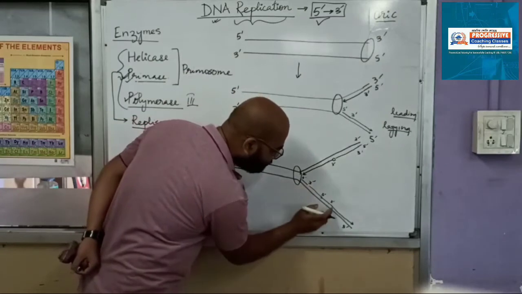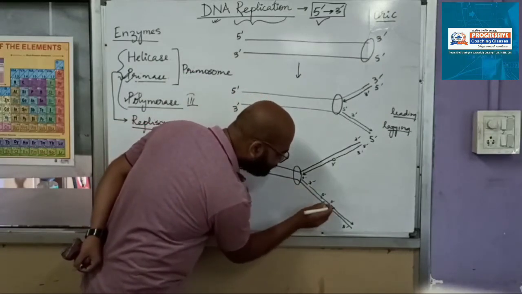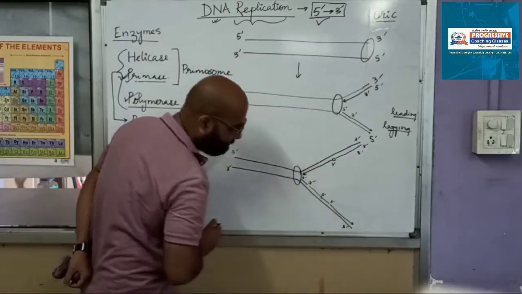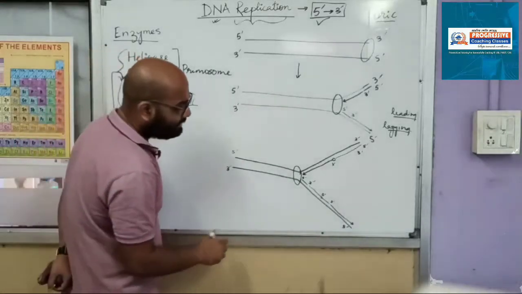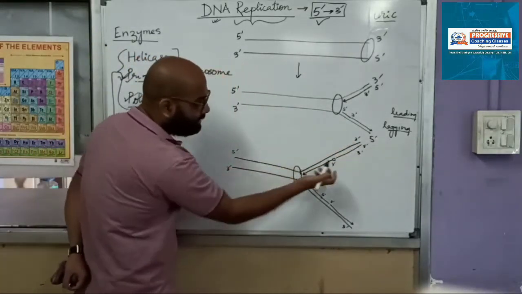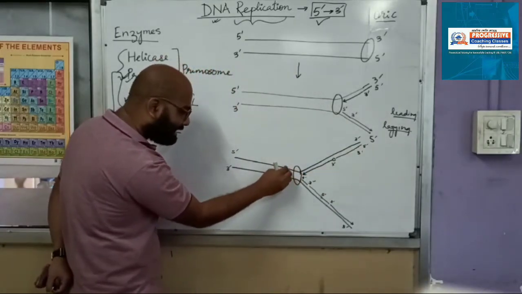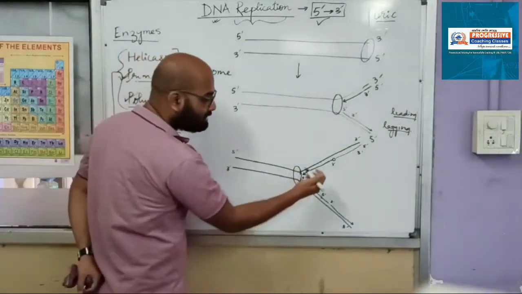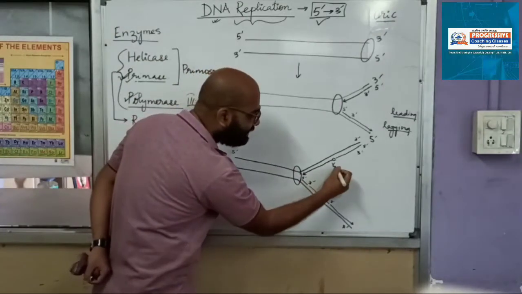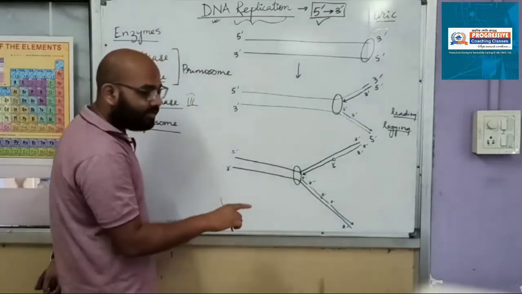Hence, I'm just rubbing it out for your convenience, but there is no such gap. The point is that in this strand, the DNA replication will be continuous as soon as this helicase moves in this direction, because it will always find the free 3 prime hydroxyl end every time.